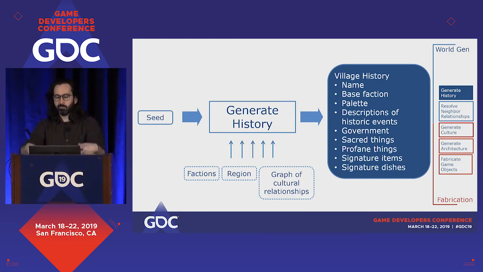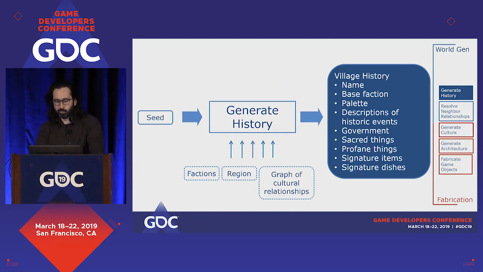There's a lot of information here, but we're only going to engage with the village history later, when we make it more concrete and allow the player to roam throughout the village and look at historical artifacts like monuments or historical texts, or have a conversation with an NPC and ask about the history. Because that's the only way history is surfaced in the game, we can be really abstract with how we represent it here.